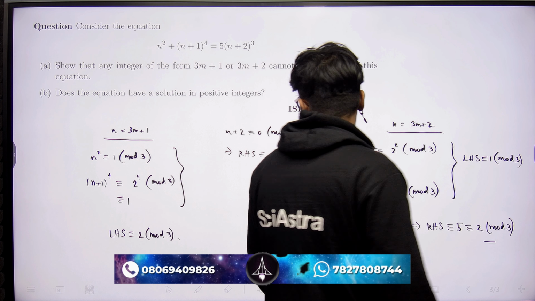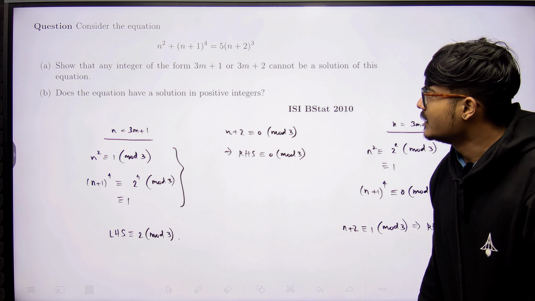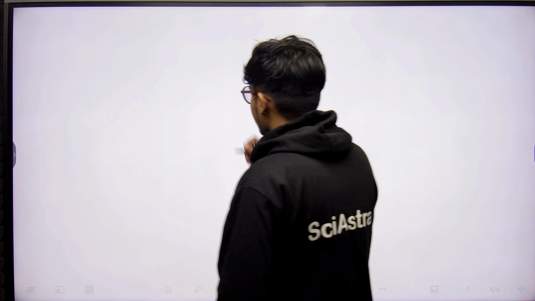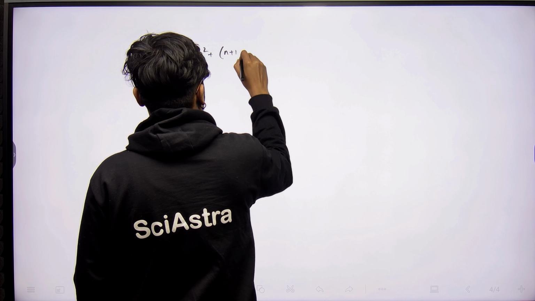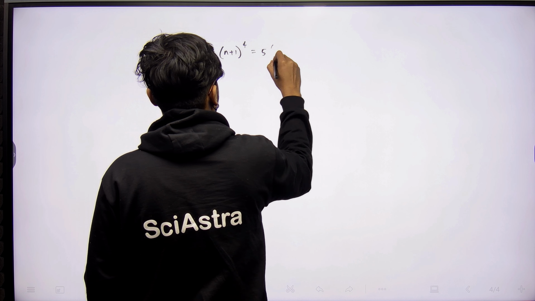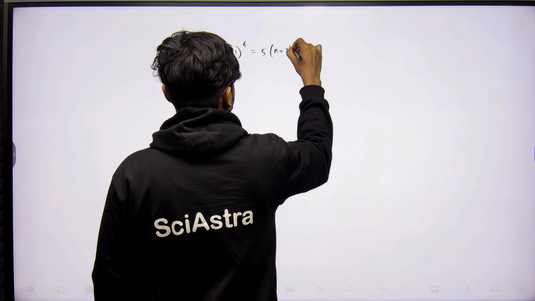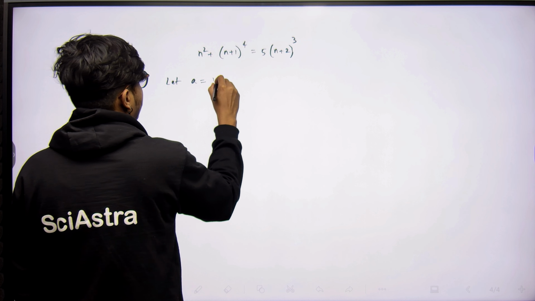Now coming to the second part: does this equation have any solutions in positive integers? For this, what we can do is rewrite this equation slightly. So let a be equal to n + 1.